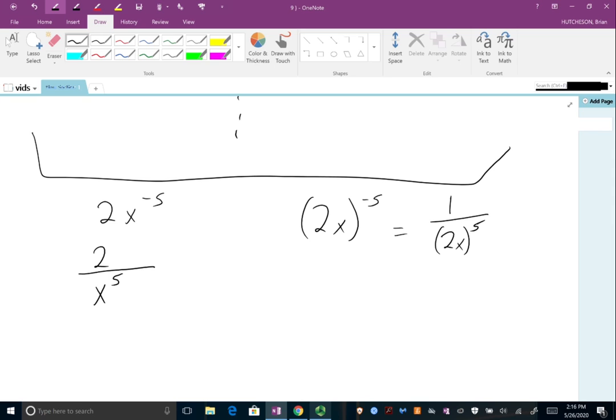We could then use power rule, which says this is 2 to the 5th and x to the 5th. 2, 4, 8, 16, 32. So fully simplified, this becomes 1 over 32x to the 5th. All thanks to that parentheses. So you got to be wary of those parentheses. They always want to come back and bite us, right?